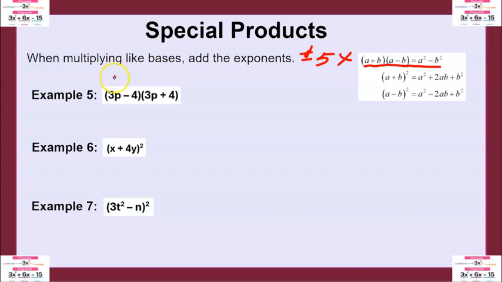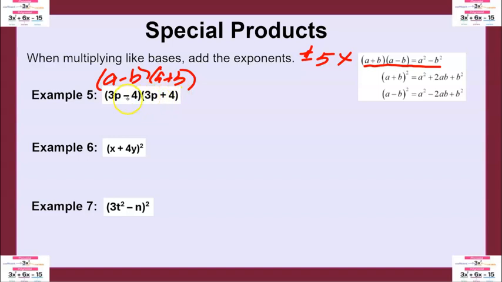So if this is my A and this is my B, and this is A plus B times A minus B, you would just take your A, square it, take your B, square it, and then subtract the two. So here, you'll know you use the difference of two squares because the terms in each of these binomials are the same.